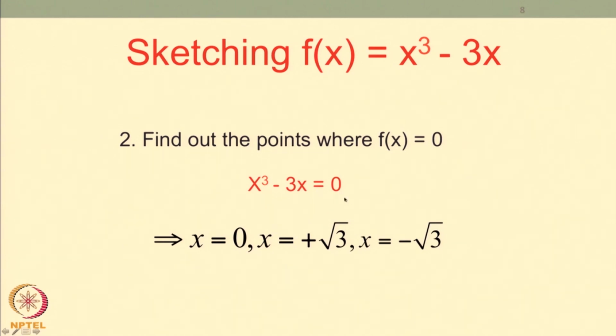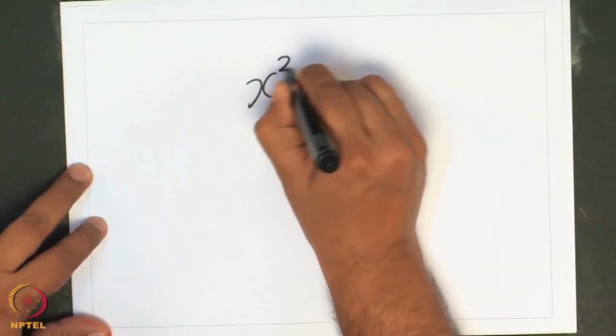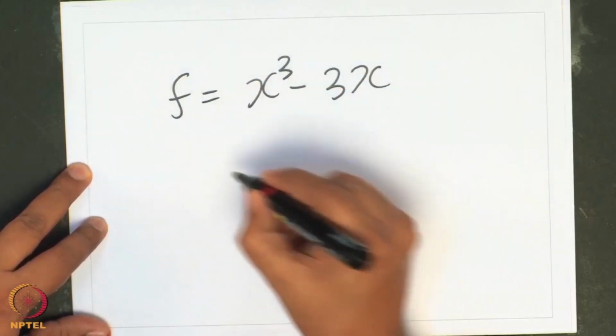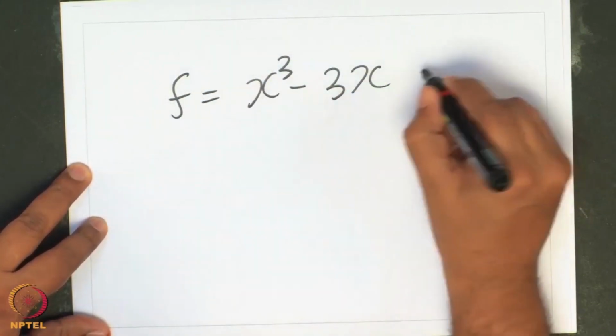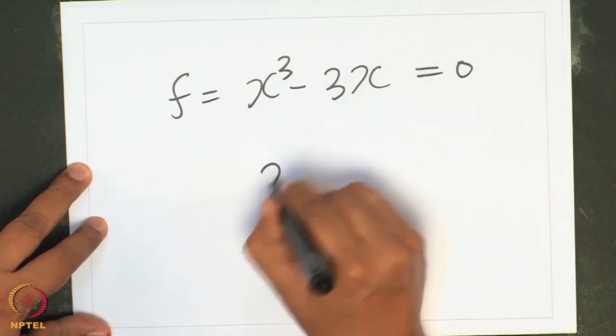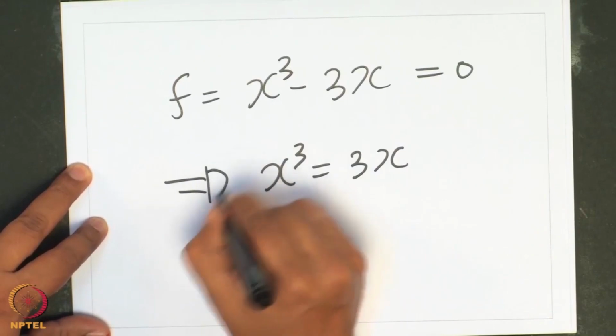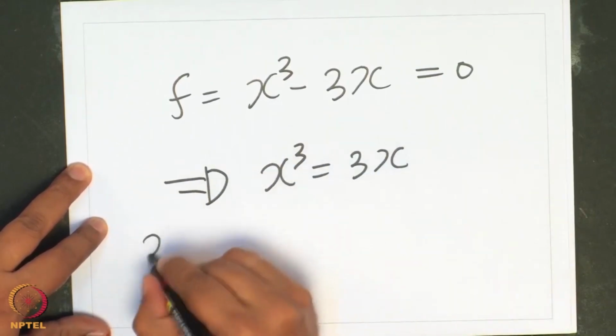Let us take this function that we have, which is x cubed minus 3x. If this is equal to 0, it implies x cube is equal to 3x. This would imply x equal to 0.